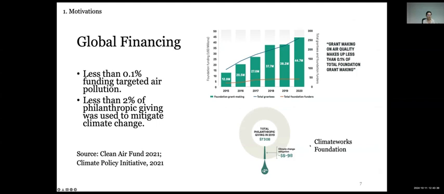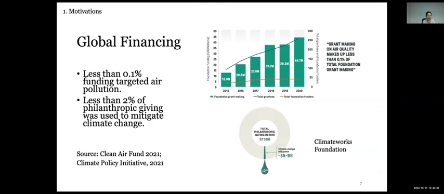And according to the Clean Air Fund and Climate Policy Initiative, there is a very small portion of global funding designated to support air pollution and climate change programs. This is also the same for many government programs and government policy funding.